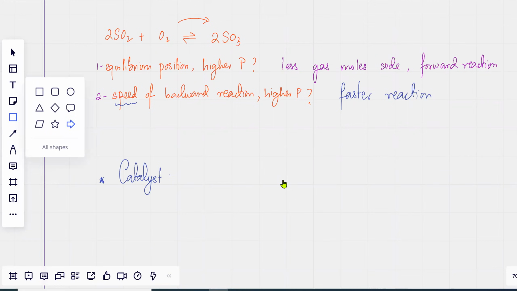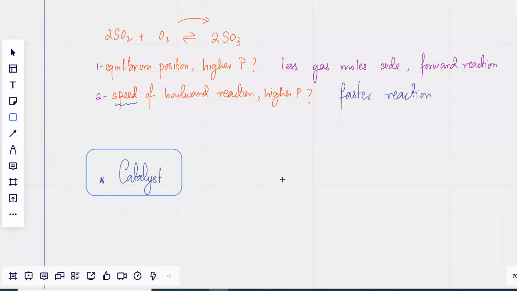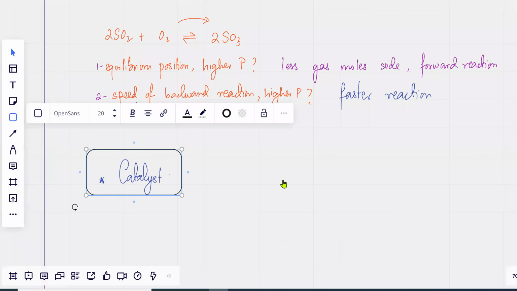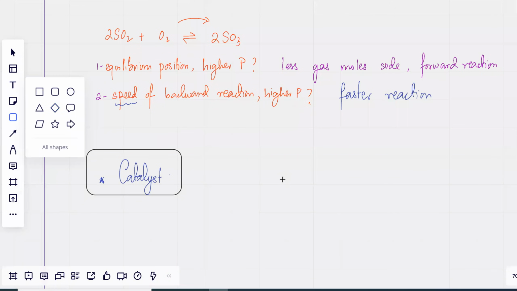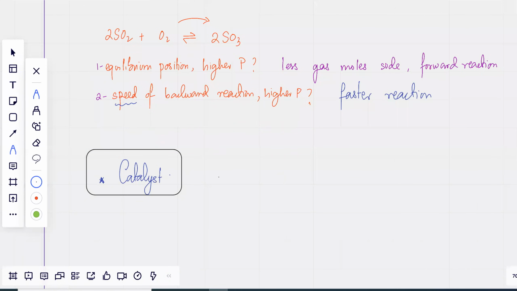I said, remember, by definition, a catalyst speeds up the reaction. But it speeds up both forward and backward reactions equally. So that means the equilibrium position does not change.